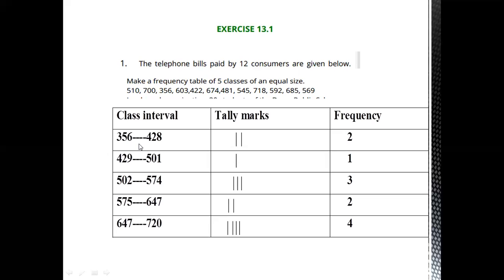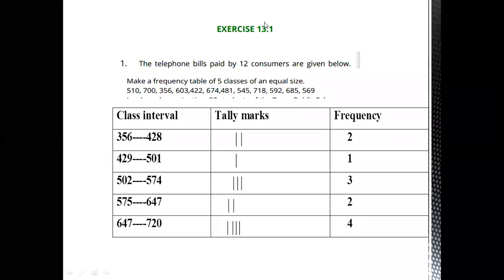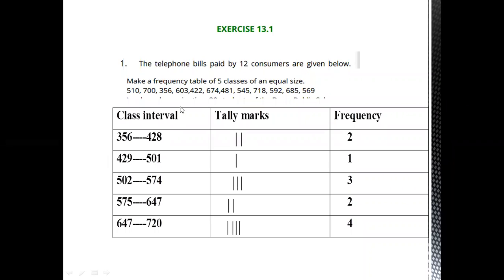So you will take how much gap? 356 to 428, the first interval. So 5 classes we are going to make. For 5 classes, you can check the smallest value is 356 and the highest value is 718.